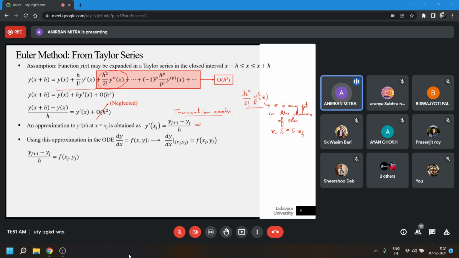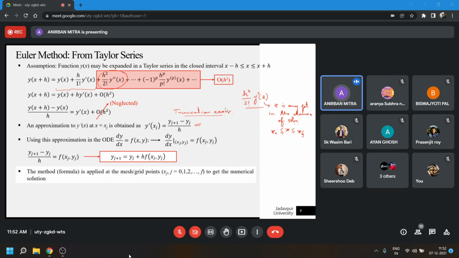And if we replace that in the previous approximate expression, then it gives us the same expression that we derived in the previous slide from the graphical representation. So y(j plus 1) would be equal to yj plus h into f of xj, yj. So this is the formula for Euler method.